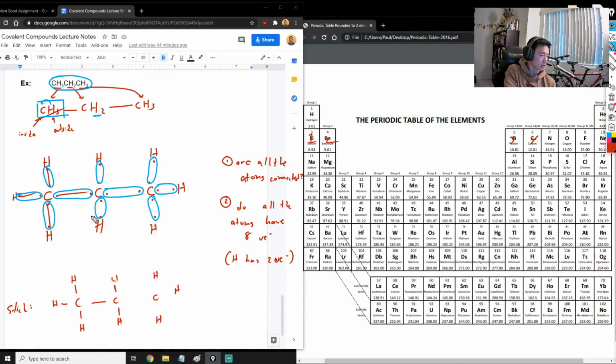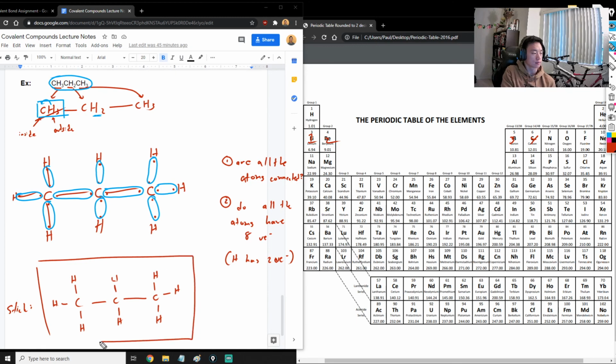This is also going to be one line because it's only 2 electrons being shared. And so this is what our stick structure is going to look like. And if we wanted to count the bonds, there are 1, 2, 3, 4, 5, 6, 7, 8, 9, 10 single bonds in this molecule.